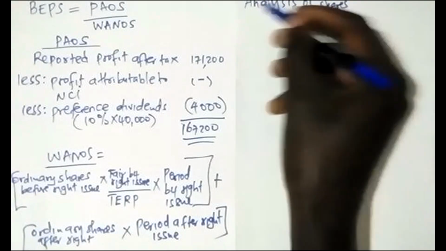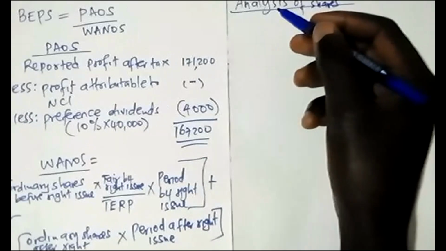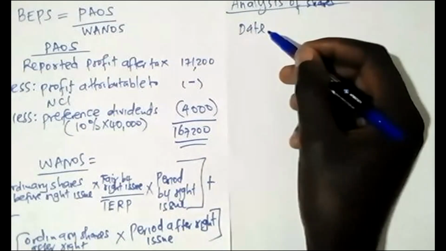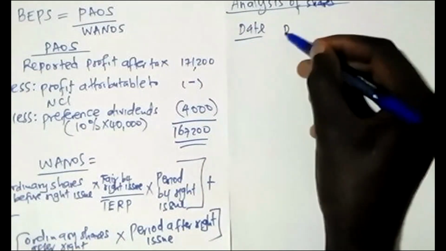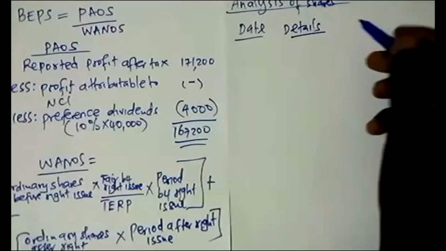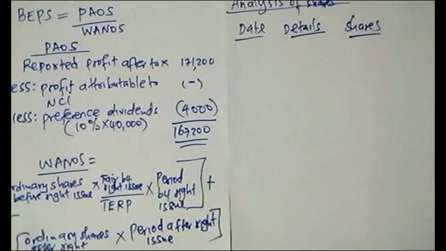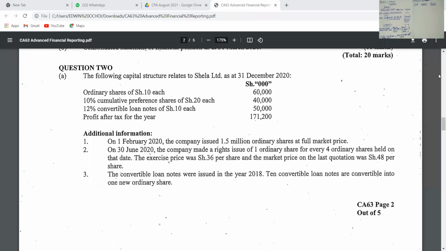Here I have the date when they were issued or from when they were outstanding, the details, and the relevant shares. Our financial year was ending on December, which means it started on 1st January. So as of January, which are the relevant shares we are supposed to record?